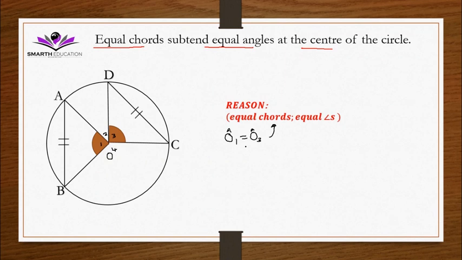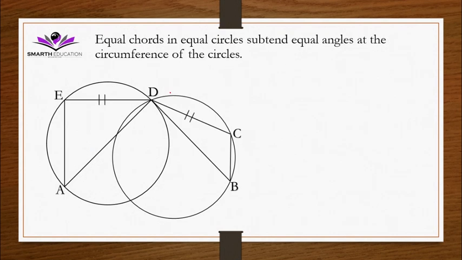Okay, right. What does the next one say? This one says equal chords in equal circles subtend equal angles at the circumference of the circles. So we have chord ED and chord DC.